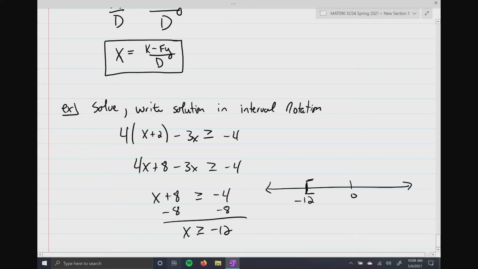Since I want values of x that are greater than negative 12, it's a bracket that goes to the right. So my set interval notation is bracket negative 12, comma, infinity. Okay, so far so good.